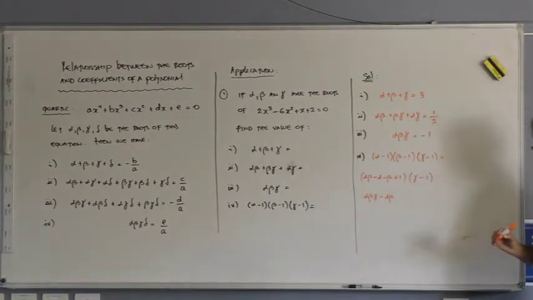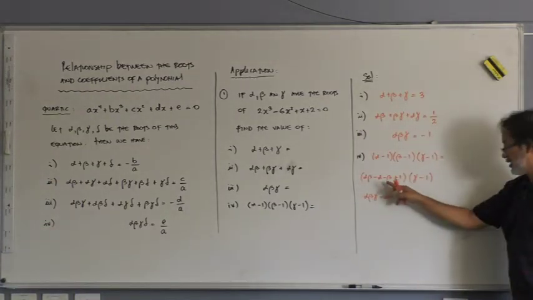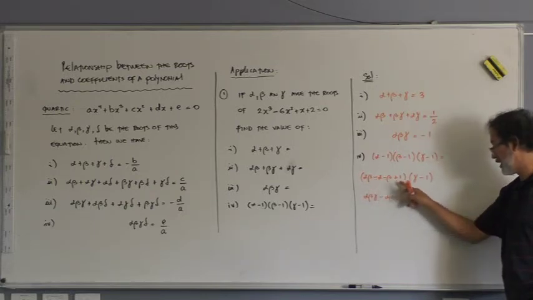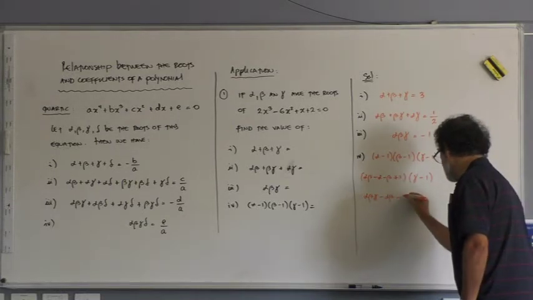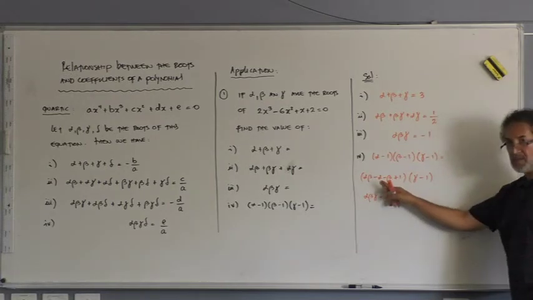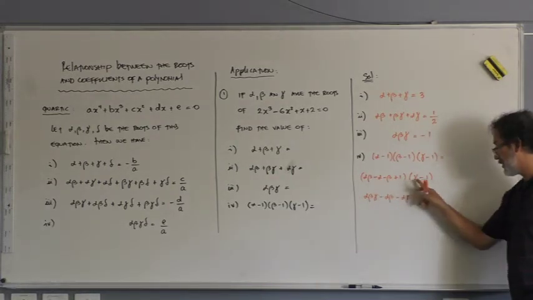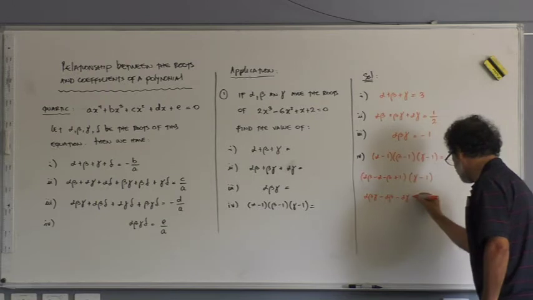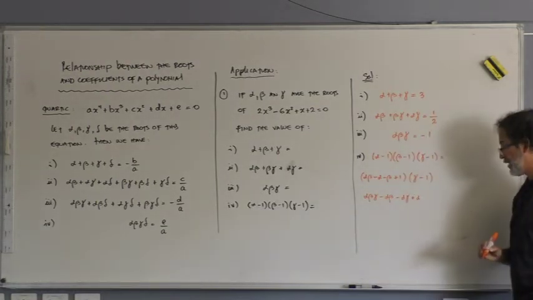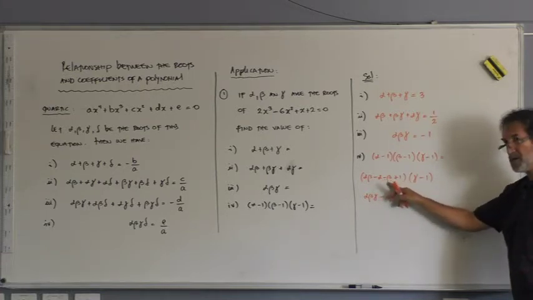Then we're going to move on to negative alpha. So we're going to multiply negative alpha times gamma, so it's going to be minus alpha gamma. And then negative alpha times negative 1, so it's going to be plus alpha. Then we finish with the alpha, and we move on to negative beta.